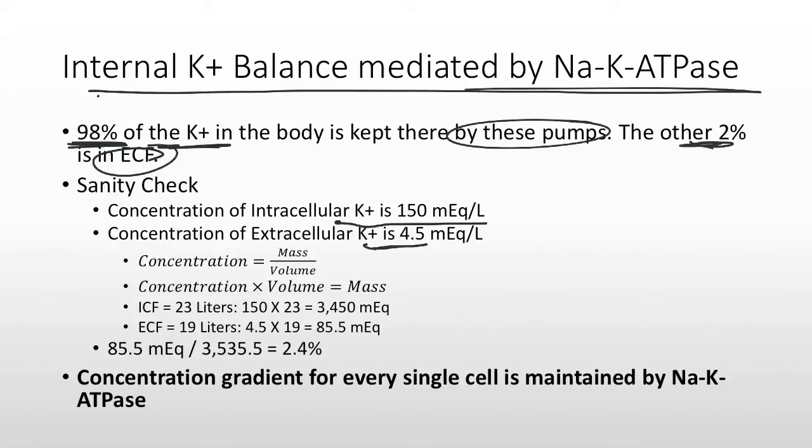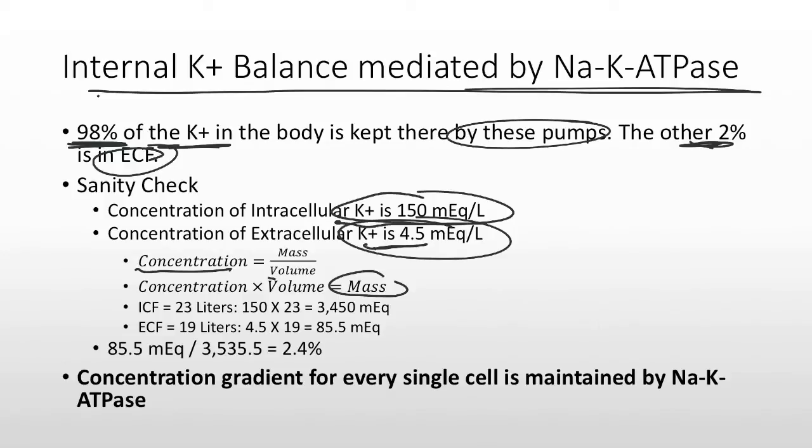Because it's saying that 98% of the potassium mass is inside the cell, 2% of the potassium mass is outside the cell. So mass, you'll remember, is the concentration, which we've got the concentration in both places. Concentration is equal mass over volume. So I can rewrite this formula and say that the mass is equal to the concentration times the total volume.